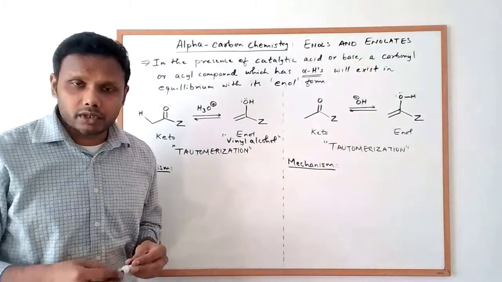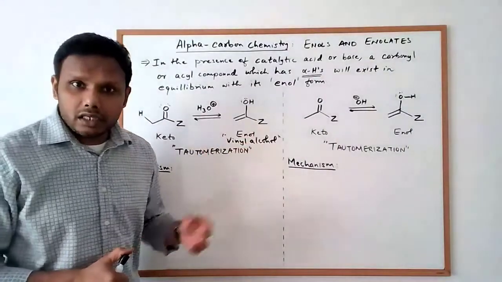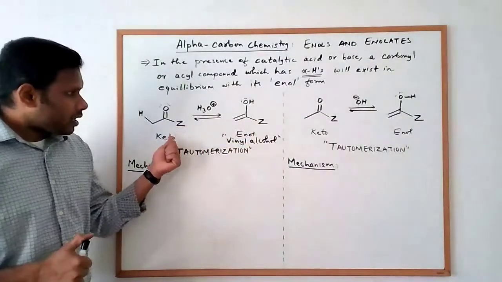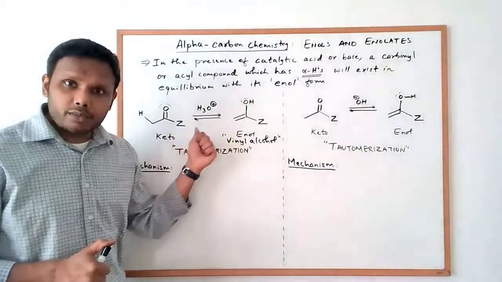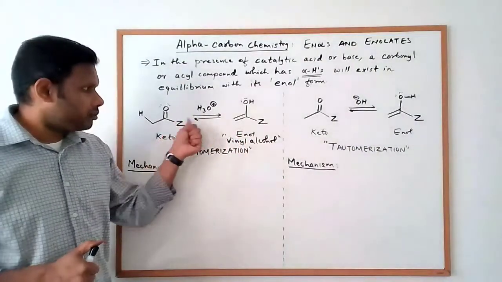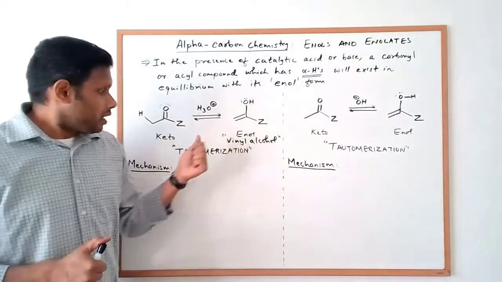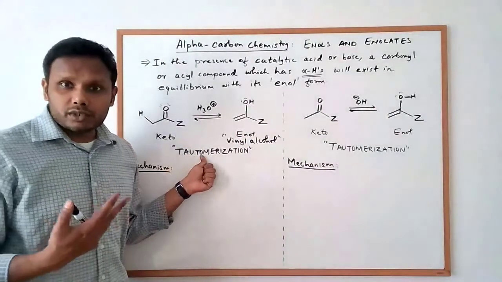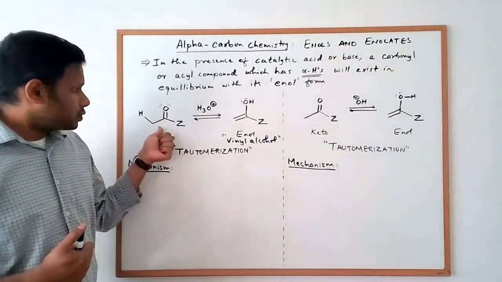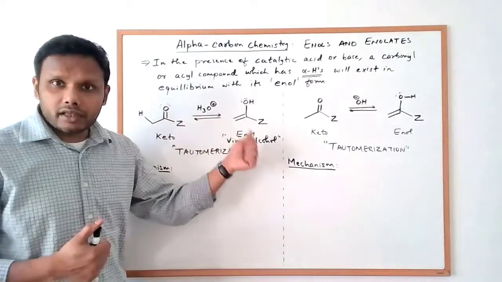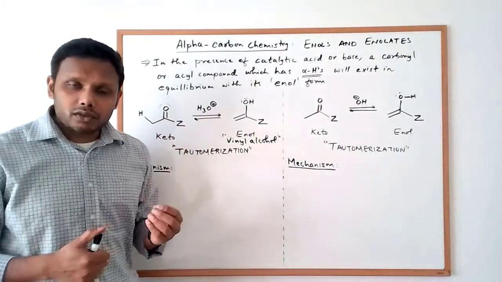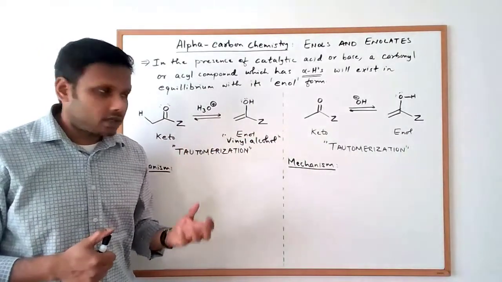That is very important for it to be an enol. Now, this process of equilibration between the keto form and the enol form is called tautomerization, and the two forms, the keto form and the enol form, are called tautomers of each other.